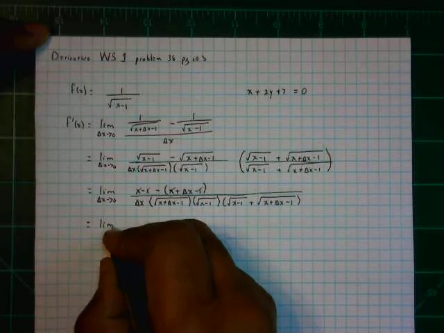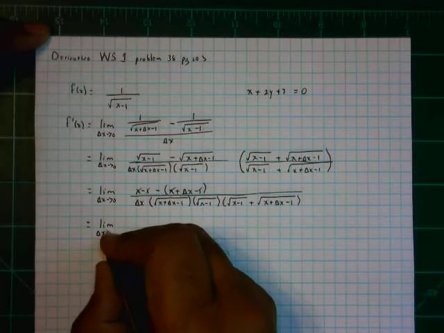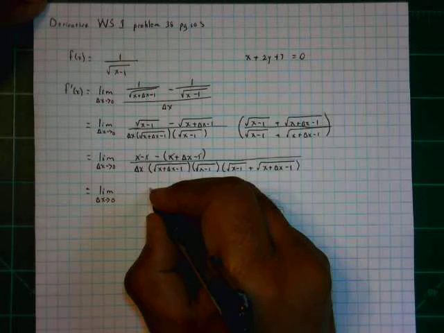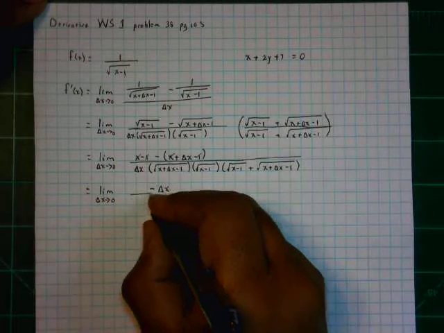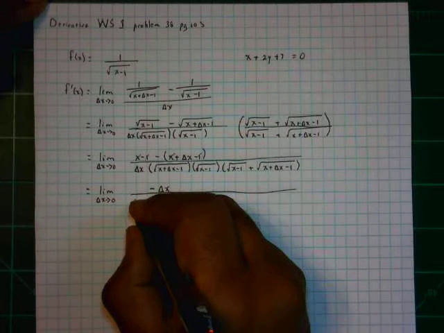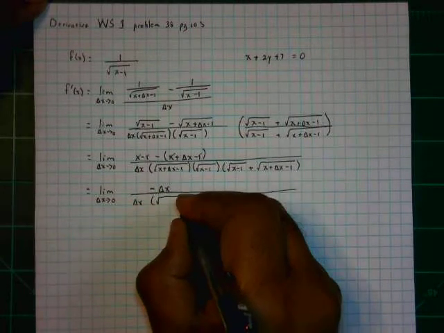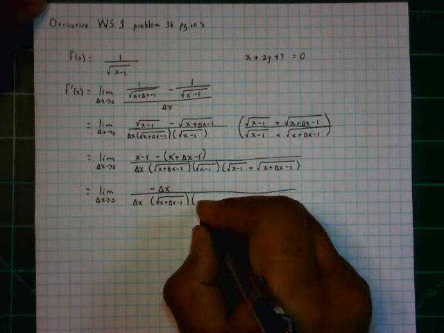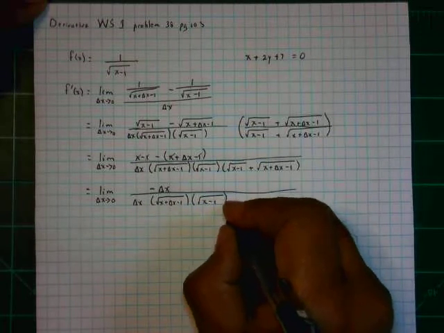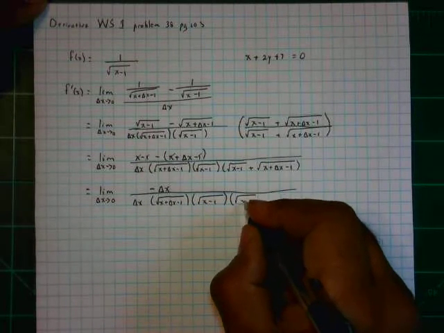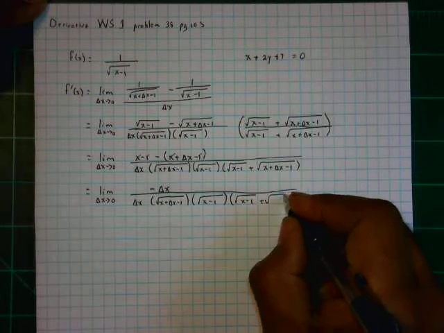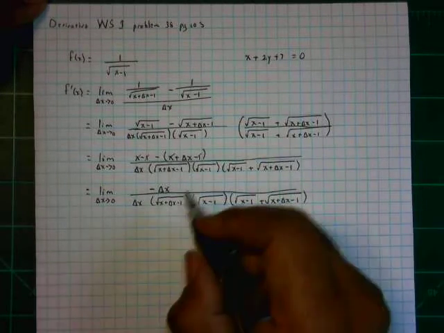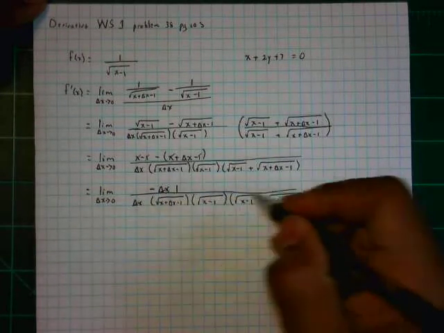So now we have the limit as delta x goes to 0 of negative delta x over all of this: delta x times the square root of x plus delta x minus 1 times the square root of x minus 1 times the square root of x minus 1 plus the square root of x plus delta x minus 1. Now this cancels out, leaving me with a -1 in the numerator.